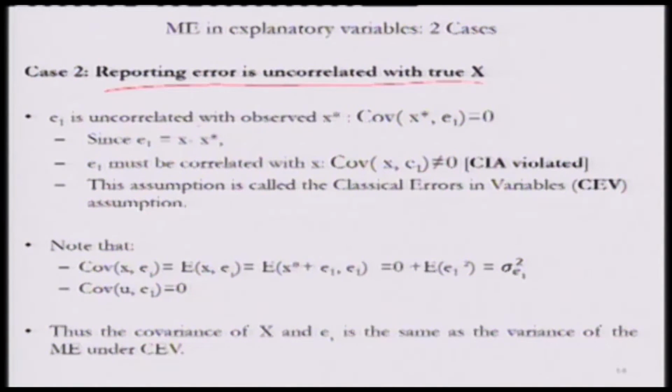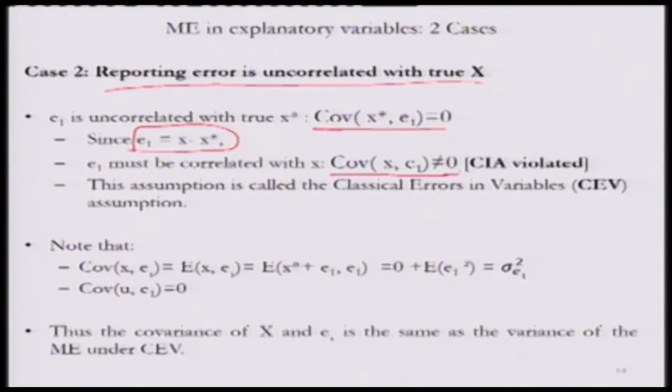Now, if E1 is uncorrelated with the true value x star of x, then we have that the covariance of x star and E1 is equal to 0. But once again, just like before, there is a linear relationship between E1, x and x star, which means that E1 and x must be correlated when E1 and x star are not correlated. So, because E1 and x are correlated, the covariance of x and E1 is not equal to 0.